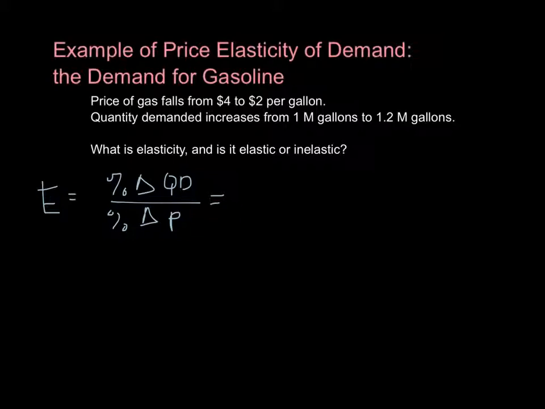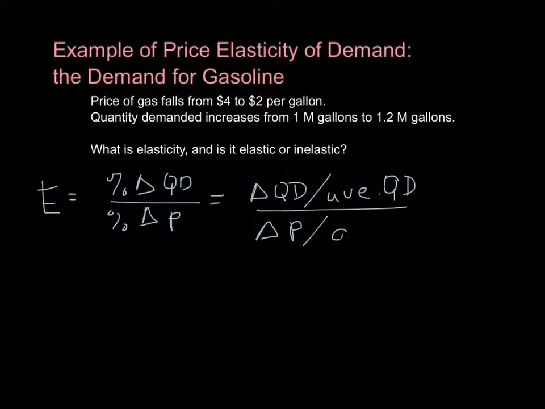So this will be the change in quantity demanded divided by the average quantity demanded. And on the bottom, we'll have the change in price divided by the average price. It's always useful to look at your problem and label.